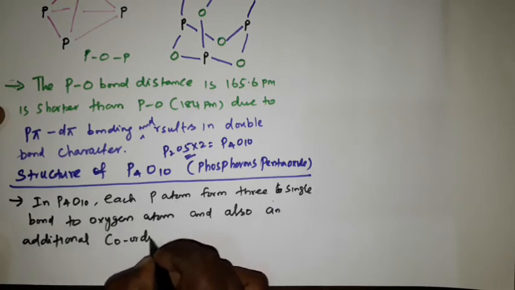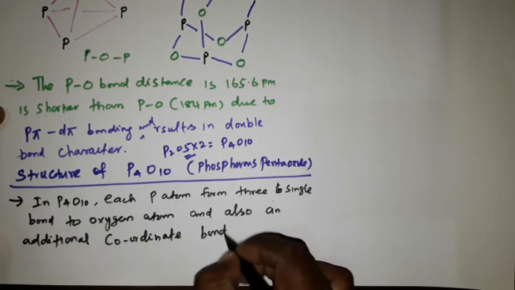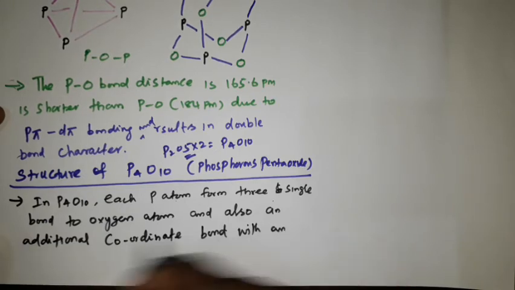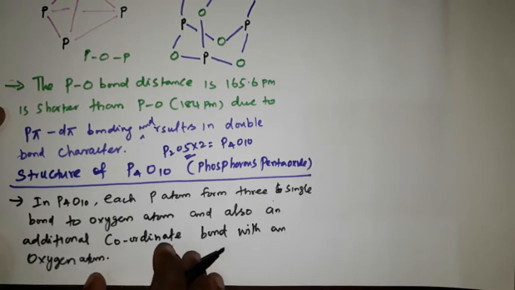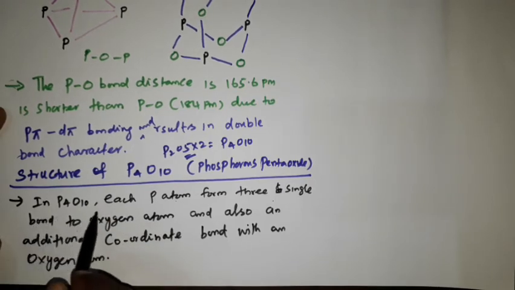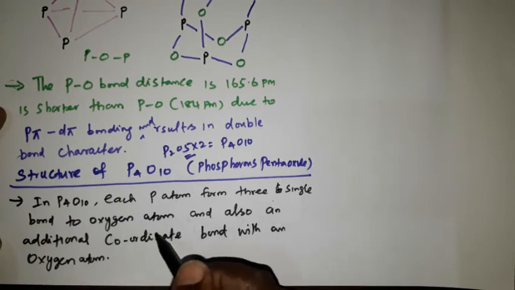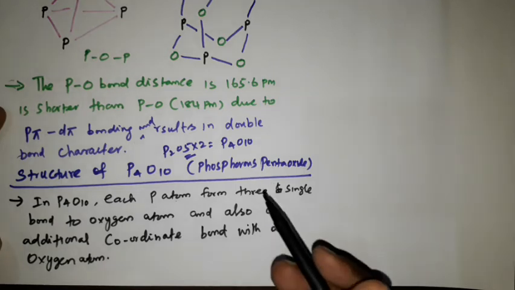So there are 2 points. The first point is in P4O10 each phosphorus atom forms 3 single bonds to oxygen atoms, and also one more additional coordinate bond forms. We will see the structure now.